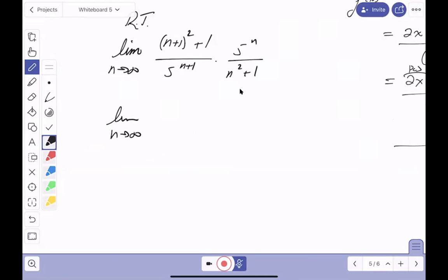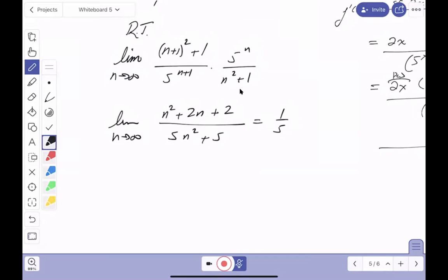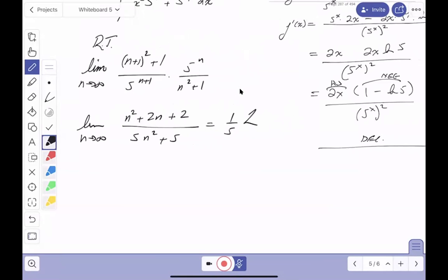You get n squared plus 2n plus 1 on top, and 5 on the bottom, because one of the 5n cancels off, 5n squared plus 5, right? What's that limit? 1/5. So what do we know? Certainly a number less than 1. So by the ratio test, we know this is convergent.